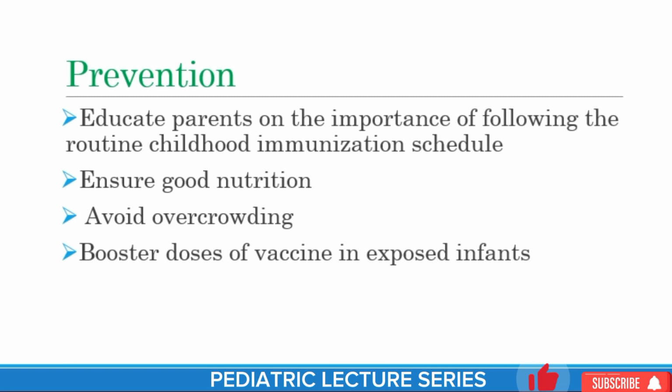At first, like we have seen, it starts as a common cold, with the features of a common cold. So by the time you realize, you might have infected very many individuals. That's why you should avoid overcrowding, and give booster doses of vaccine in exposed infants.